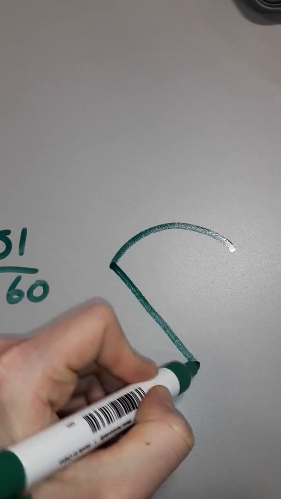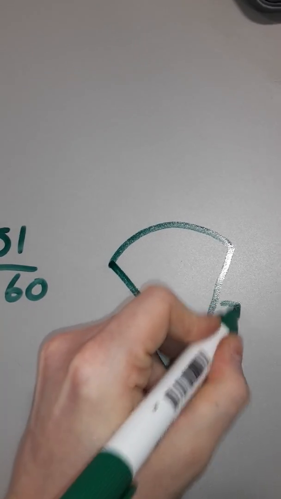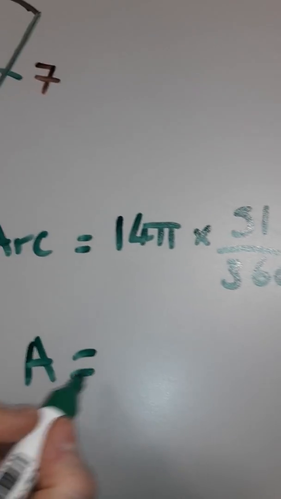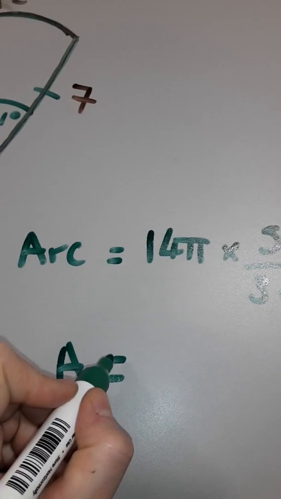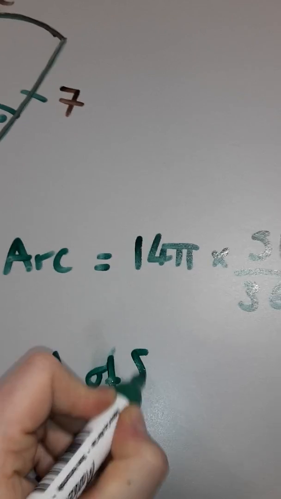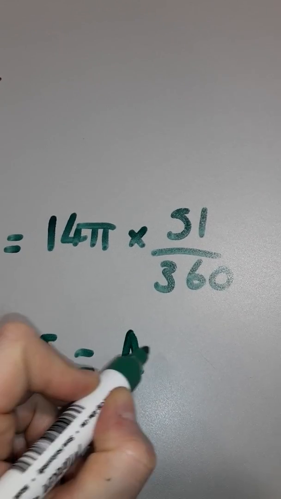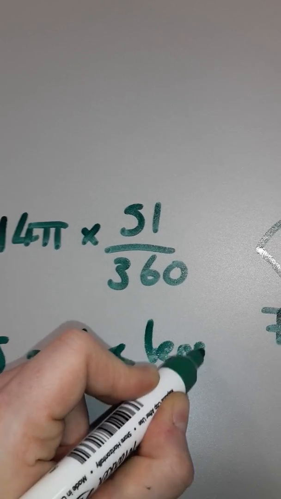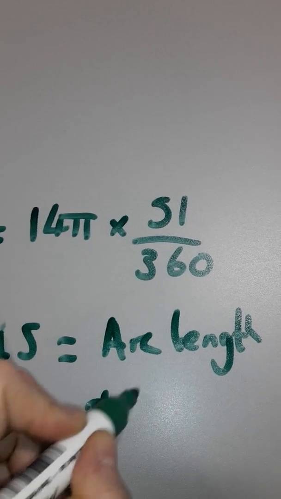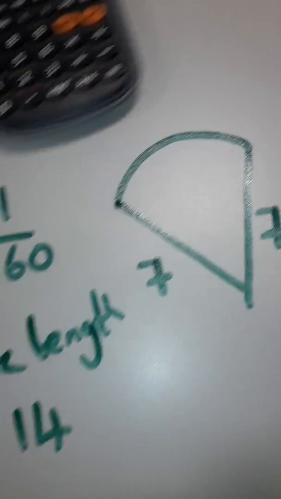Now I need to add on 2 radii to make sure it's closed. So I have to add on 14. So my perimeter of my sector equals my arc length plus 14. So let's now type all of this into a calculator.